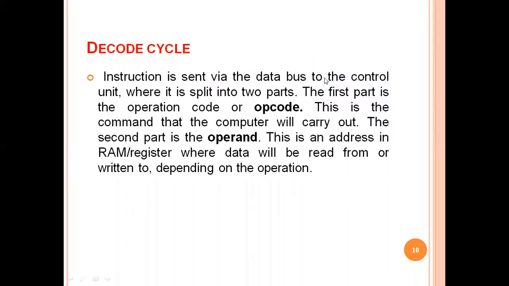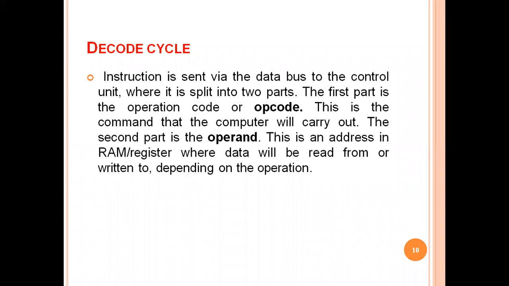So from the opcode, the processor has to find out what is the meaning of the instruction, whether it is addition or multiplication or division. This is called the decoding of the instruction.